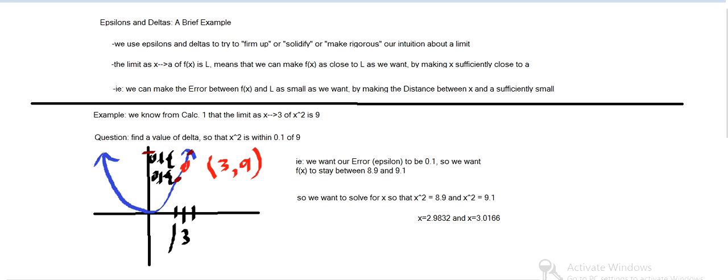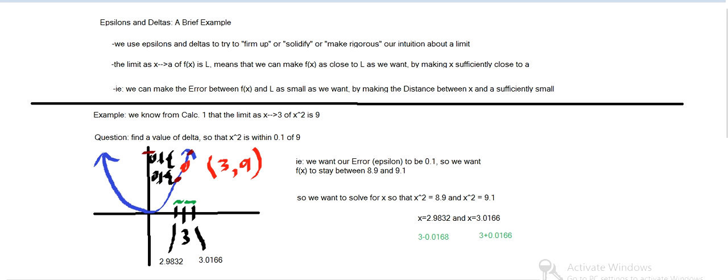So we can mark those points. Those two values give y equals 8.9 and 9.1, and we can check how far away those x values are from 3. The first one is 0.0168 to the left, and then 0.0166 to the right.